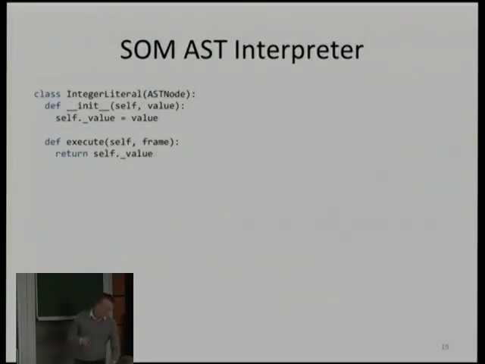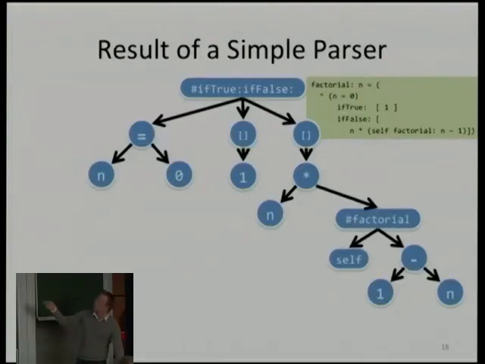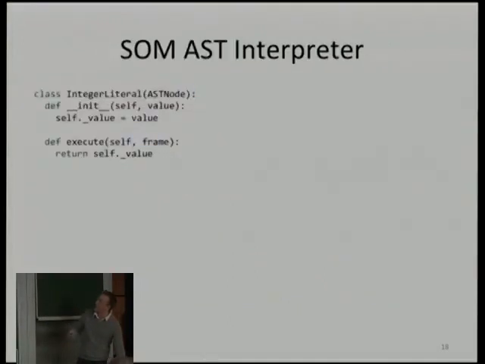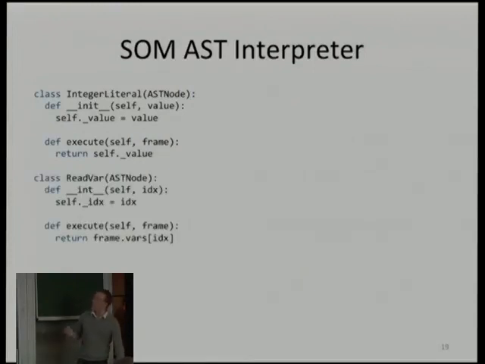So if we imagine we had such literals, so they're really in the code as a constant given, we can just implement that on those AST nodes with an execute method, and really just return the value. And very similar for reading a variable.